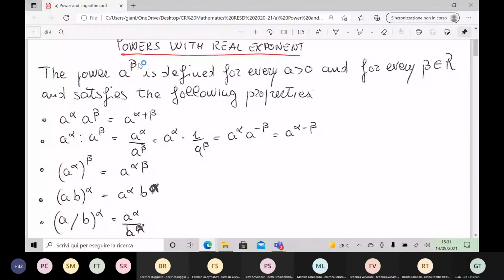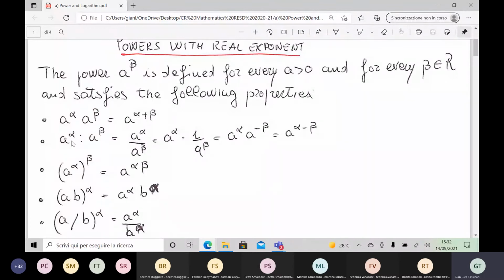And now we are going to see the properties of powers with real exponent defined in this way. Suppose you have a product a to the power alpha times a to the power beta. You have the product of two powers with the same basis. The result is the power with the same basis, and exponent the sum of the exponents, so a to the power alpha plus beta.